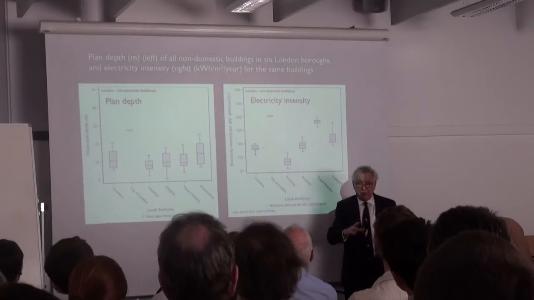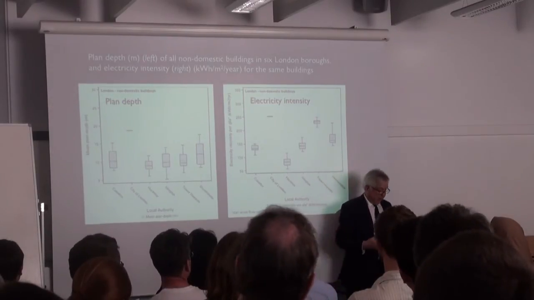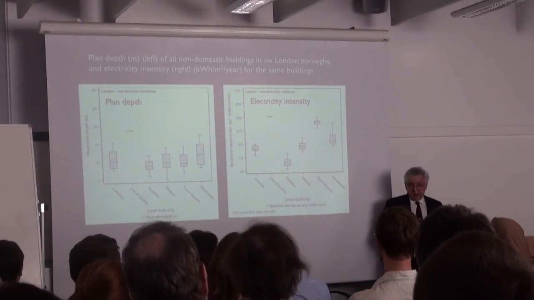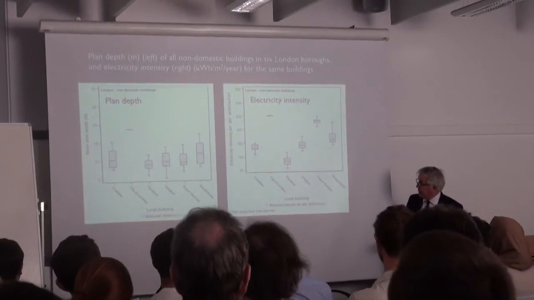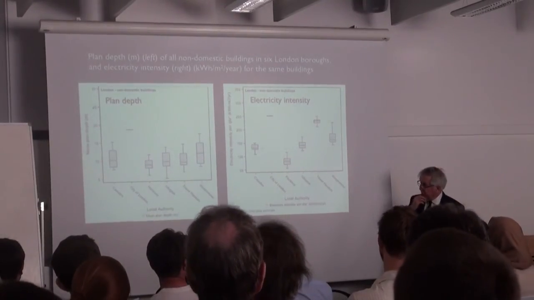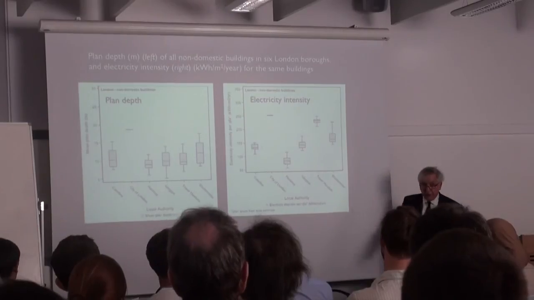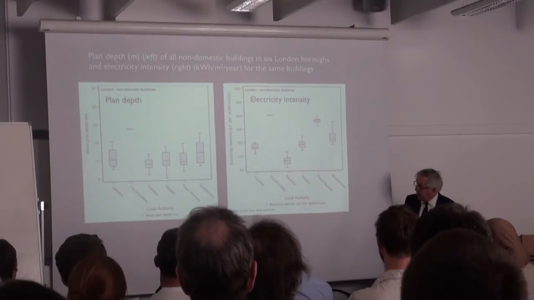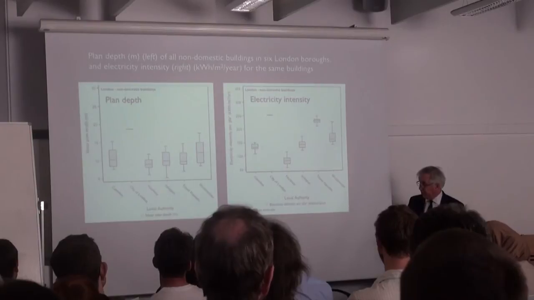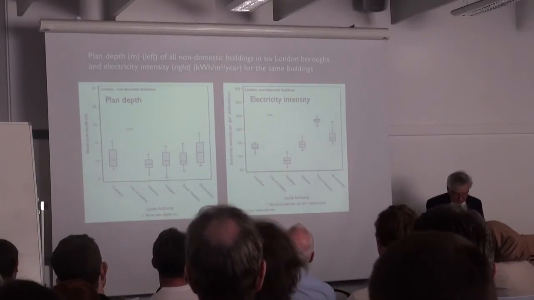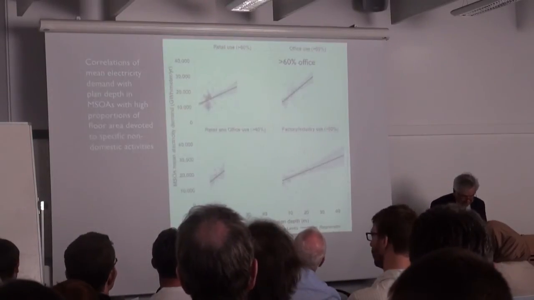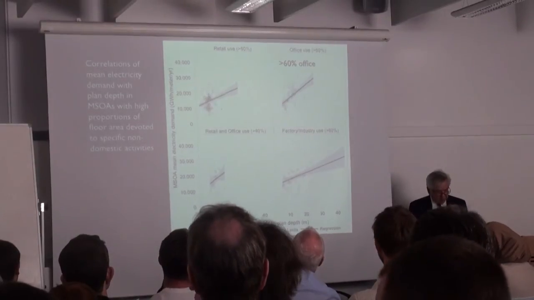Of course, the problem with this is that one can't pick out in these relatively large areas just the deep office buildings, but I hope you'll be convinced that this is at least suggestive of a threshold in electricity use around this 15-16 meter kind of depth, above which electricity use rises sharply.